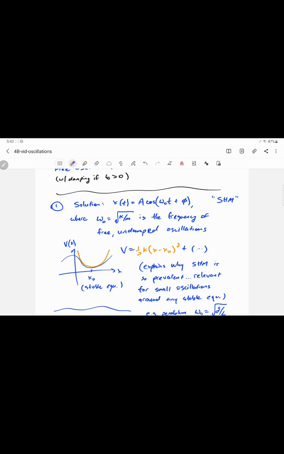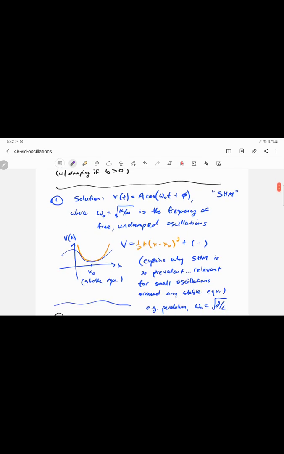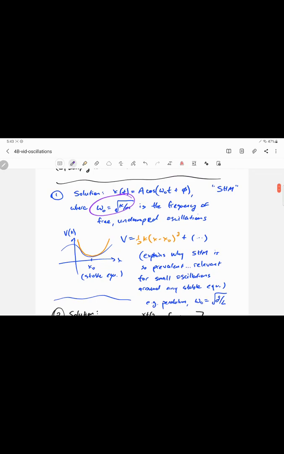This is the simplest case: free because there's nothing forcing it, and undamped because the term that exists in this more complicated version of the equation is absent. So you have just one frequency of free oscillations, which we'll call omega naught. We put the 0 subscript to distinguish it from another omega that we're going to see in number 2. Omega naught means: if there is no damping, what is the frequency of oscillations?